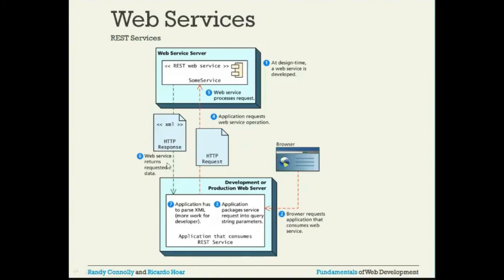Once that web service returns the requested data, on the application side, we have to parse the XML, whatever information is encoded there, whatever is required by this particular request, that can be given to the browser. So here the developer has to do some kind of work in order to parse that XML and process that particular XML.